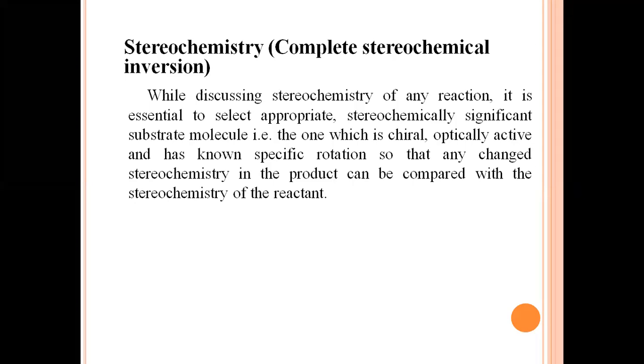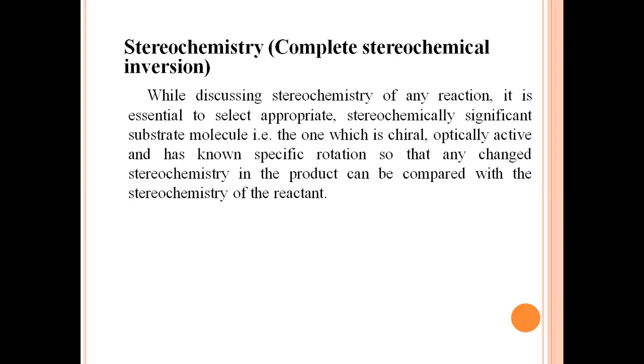Now, optically active means the selected compound must rotate the plane polarized light either towards the right side or towards the left side. In other words, an optically active compound must rotate the plane polarized light in the clockwise or the anti-clockwise direction and has a specific rotation.